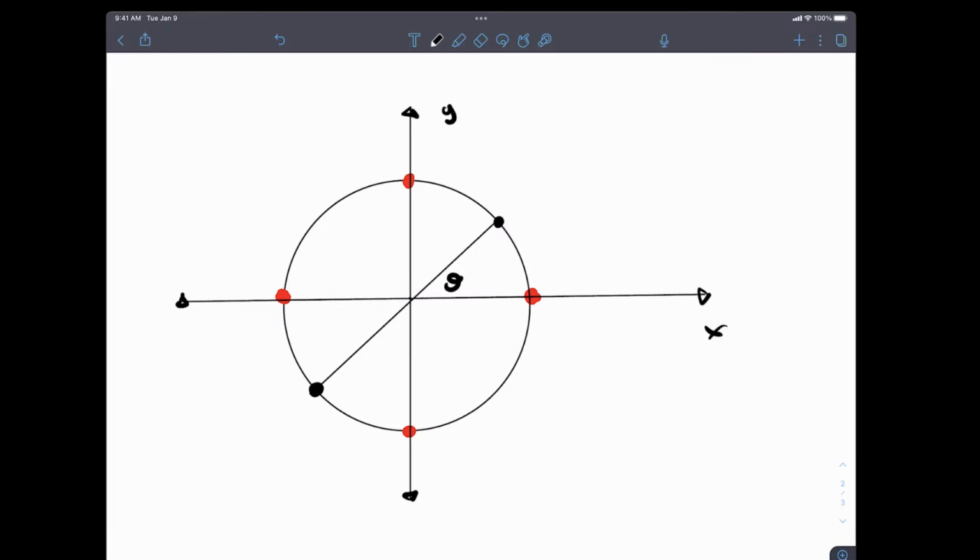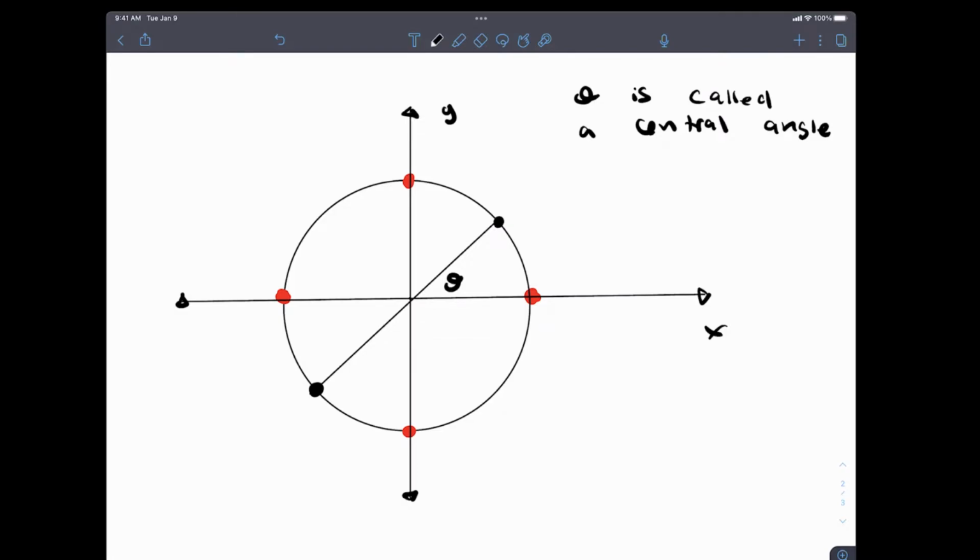What was theta called in geometry? Do you guys remember what they call theta? A central angle. Okay? Theta is a central angle.